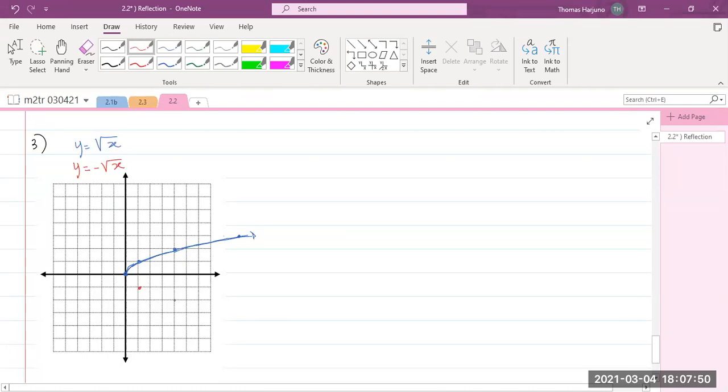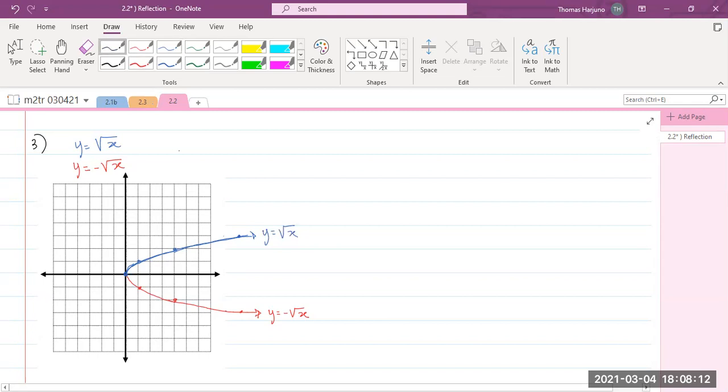Down 1, right 1, down 2, right 4, down 3, right 9. So this is y equals negative square root of x. This is y equals square root of x.